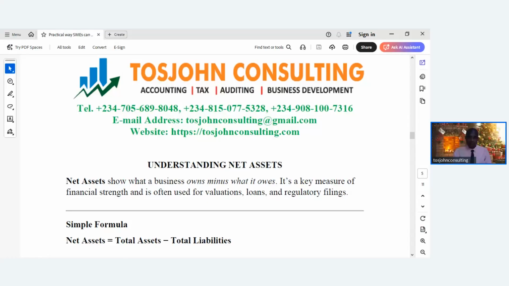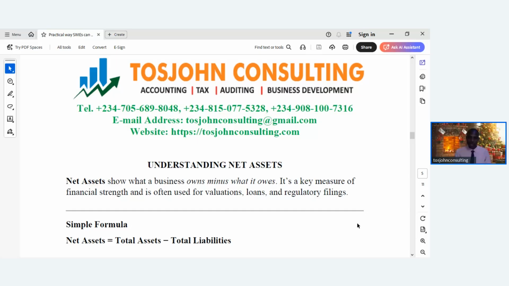Understanding your net assets, you need to have the knowledge of it as a business owner, as an entrepreneur. Net asset shows what a business owns minus what it owes. What you own, what you have, what you possess, as against what you owe.